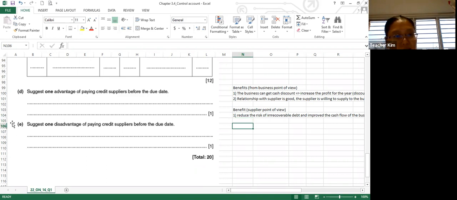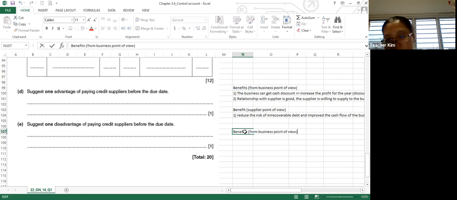Okay, next is E. Suggest one disadvantage of paying a credit supplier before the due date. So this one is the disadvantage from the business point of view. If we pay people earlier, we may be short of cash.